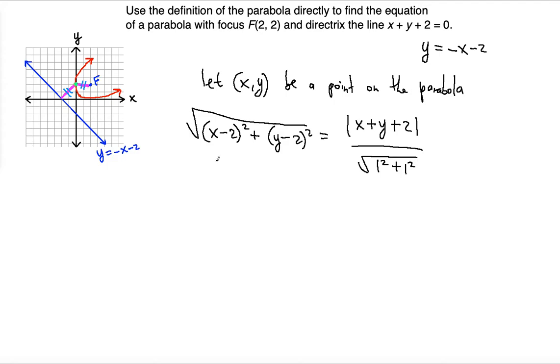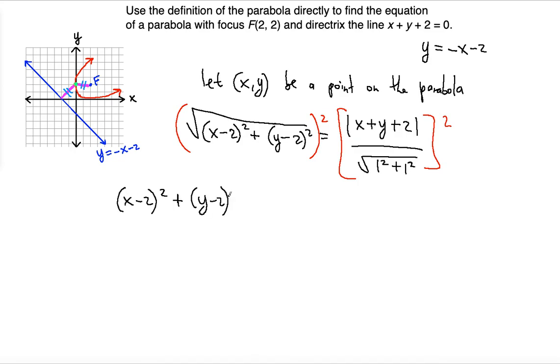So now we can square both sides. If we square them, look what's going to happen. We get rid of the square root here. x minus 2 squared plus y minus 2 squared is equal to, now squaring the absolute value is the same thing as just squaring the inside without the absolute value bar, right?